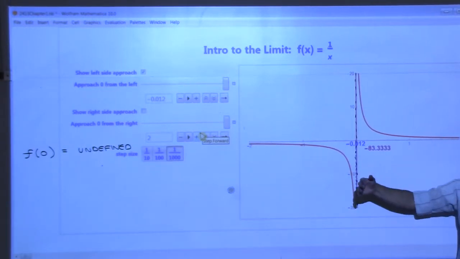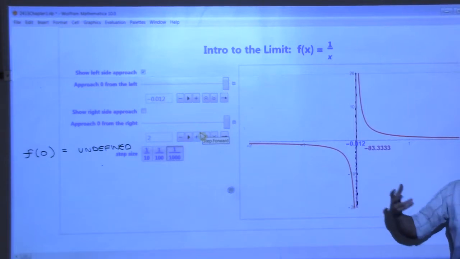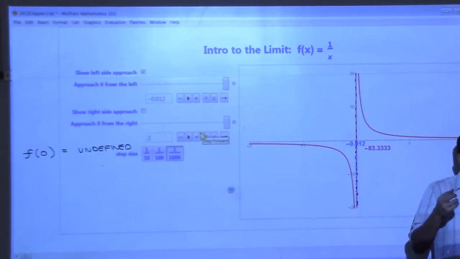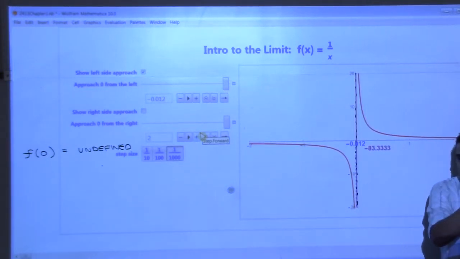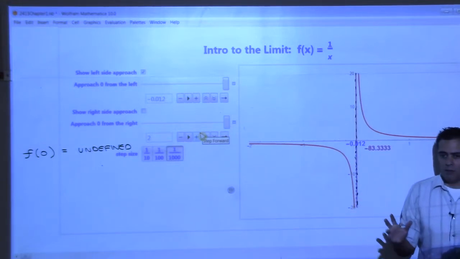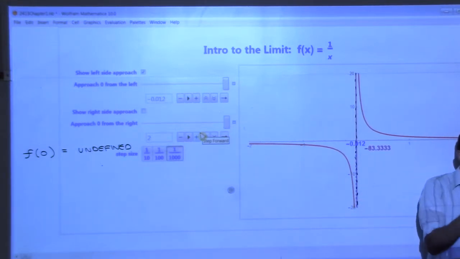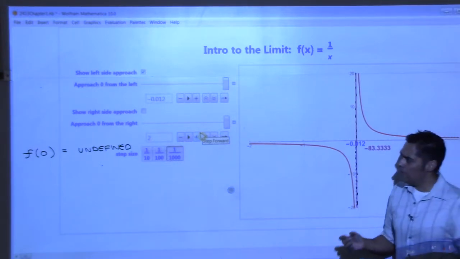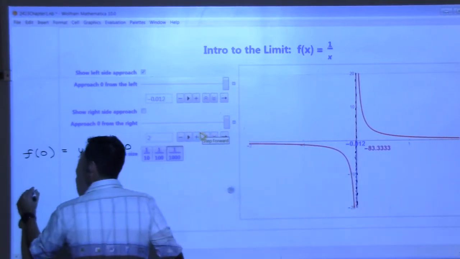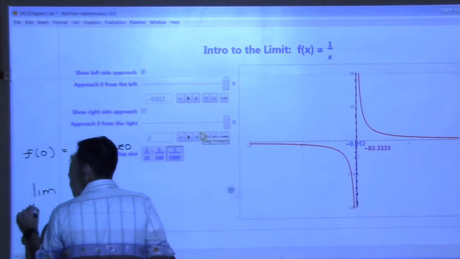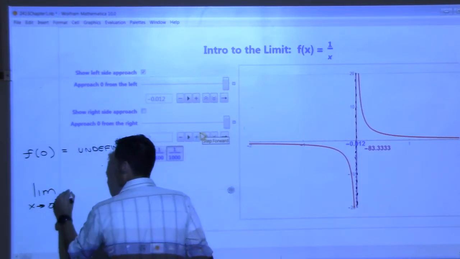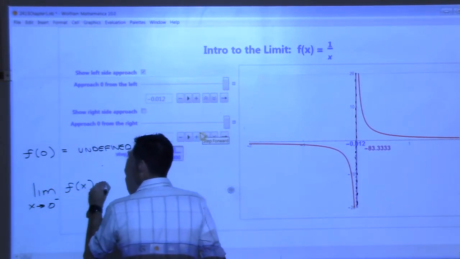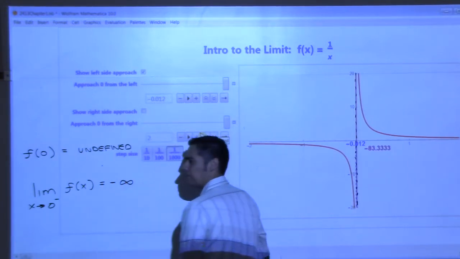Now, infinity is not a number, but the limit is only interested in what the function is doing, like where is it headed, right? I hope we've already concluded that the limit is only interested in the behavior of the function, not what's happening at a specific point. So I think it makes perfect sense for us to say that the limit as x approaches 0 from the left of this function should be negative infinity.